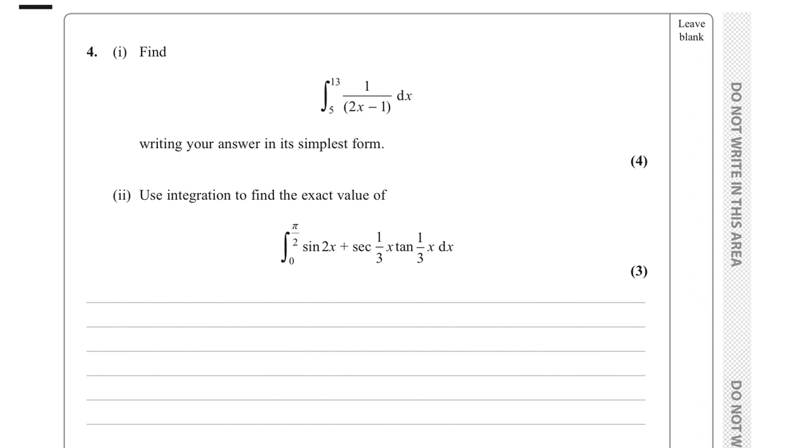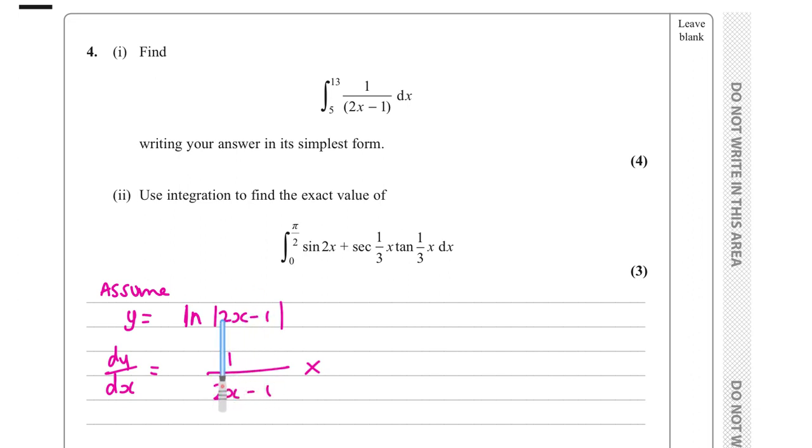Ln. Okay, so if y equals ln of 2x minus 1, okay, let's assume. If we differentiate this, we get 1 over 2x minus 1 multiplied by the differential of the bracket.